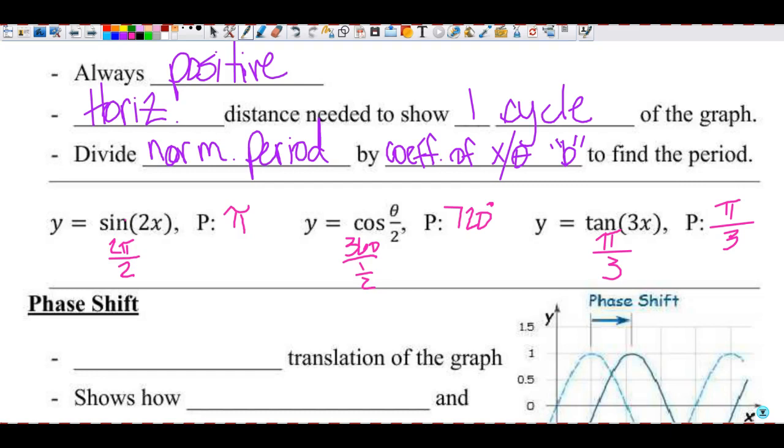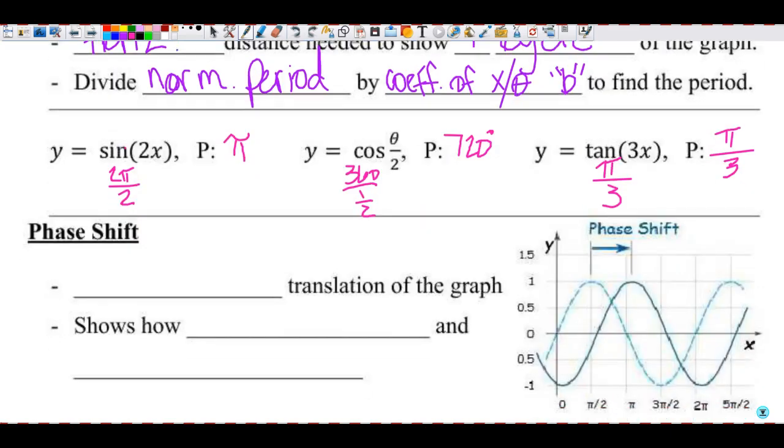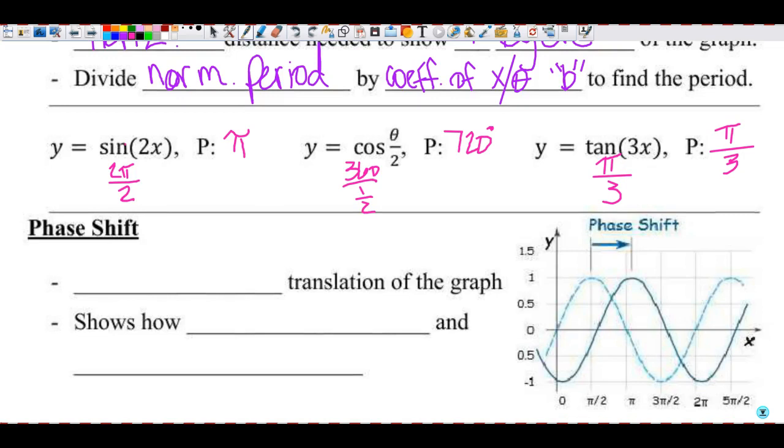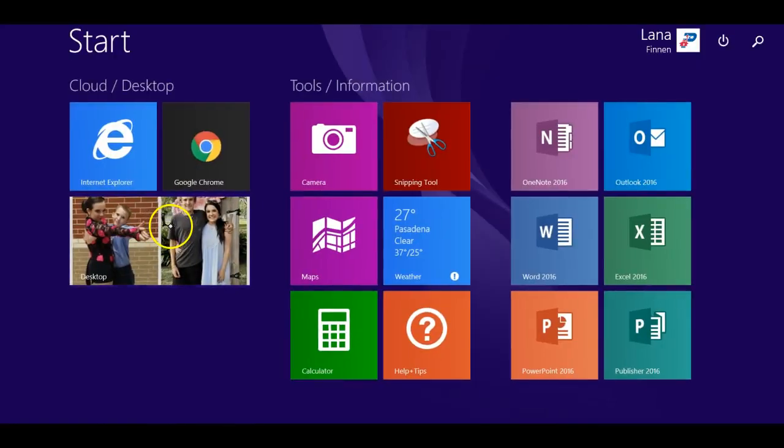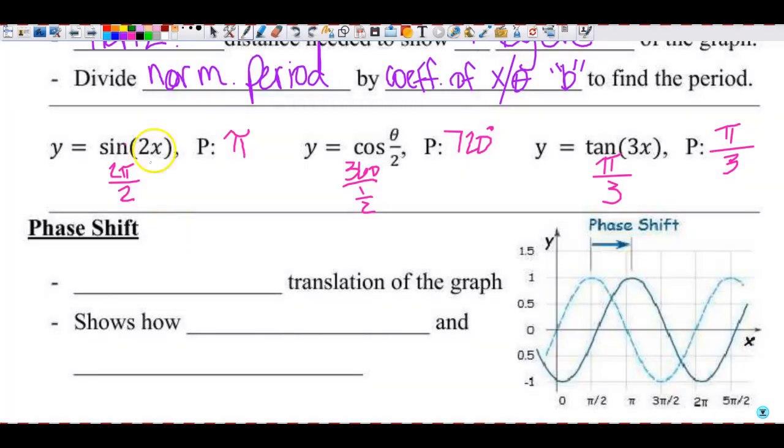There's our periods. Okay, so your phase shift, which is your horizontal shift, left or right, is the c part of your function. It is the horizontal translation of the graph.